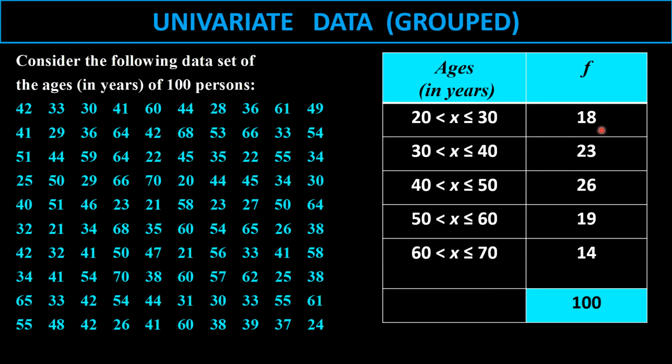There are 18 elements within this interval. We refer to this as an interval, or we also refer to it as a class. In the interval from 30 to 40, with the 40 included and the 30 excluded, that's 23. And the sum of the frequencies there would be 100.